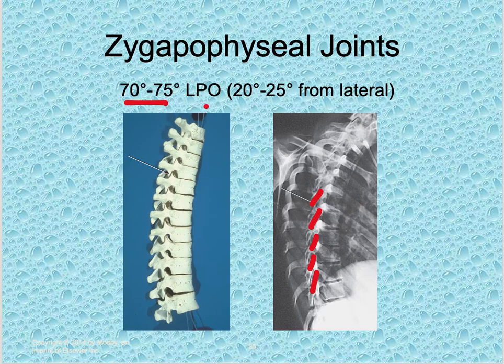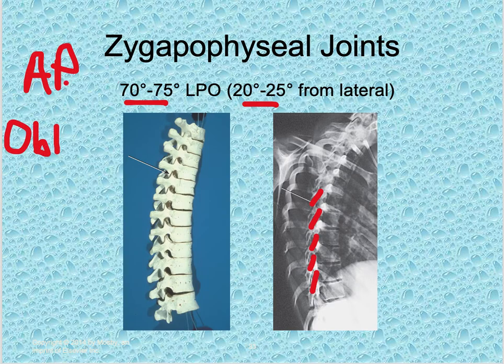So 70 to 75 and 20 to 25, what we're going to talk about here is what do these mean. If I am imaging and I start off with my AP, which most people do for my T-spine, I do AP, and now I'm going to do my oblique, okay?